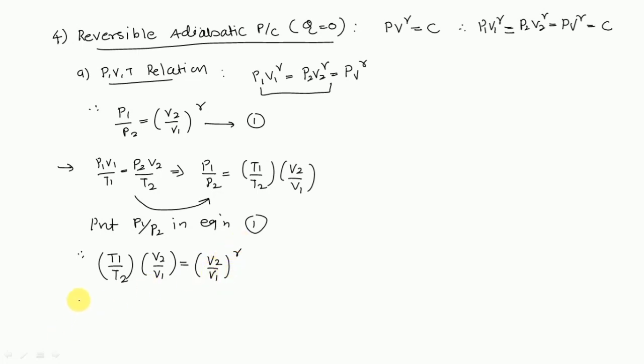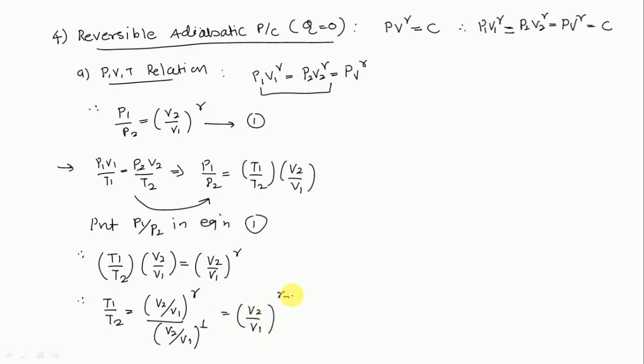And over here T1 by T2 is equal to, putting this value in the denominator, V2 by V1, and here the power is 1. So we can write V2 by V1 raised to gamma minus 1.